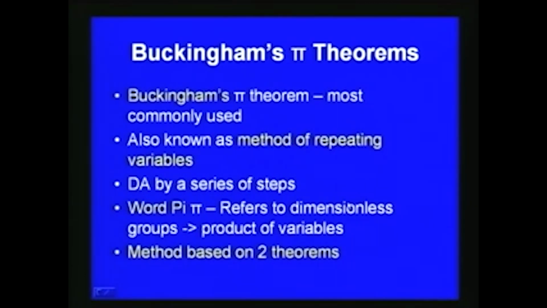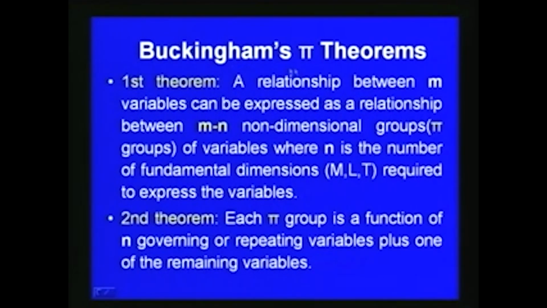Buckingham's pi theorem is mainly based on two theorems. The first theorem is: a relationship between m variables can be expressed as a relationship between m minus n non-dimensional groups, or pi groups, of variables, where n is the number of fundamental dimensions like M, L, T, as we have seen, required to express the variables.